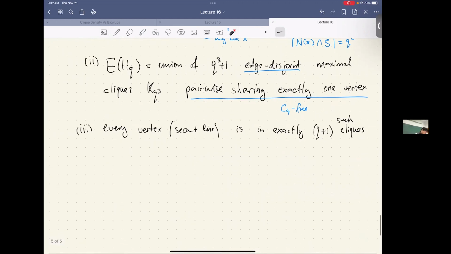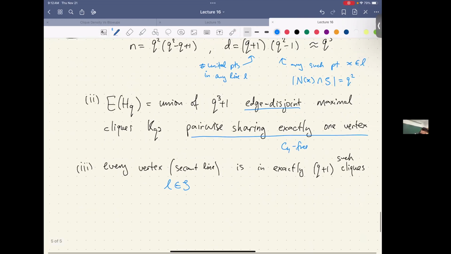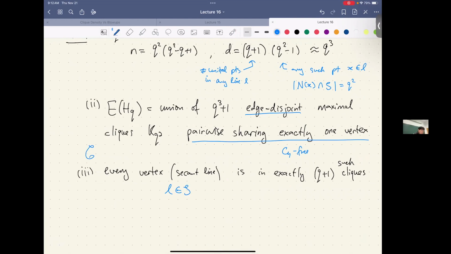Here is the proof, let me write it down for completeness. Let's say this is L in S. If we index this collection C of edge disjoint maximum KQ, which is Cx, indexed by the points in the unital, this is nothing but the neighborhood of x intersect S, the secant lines.